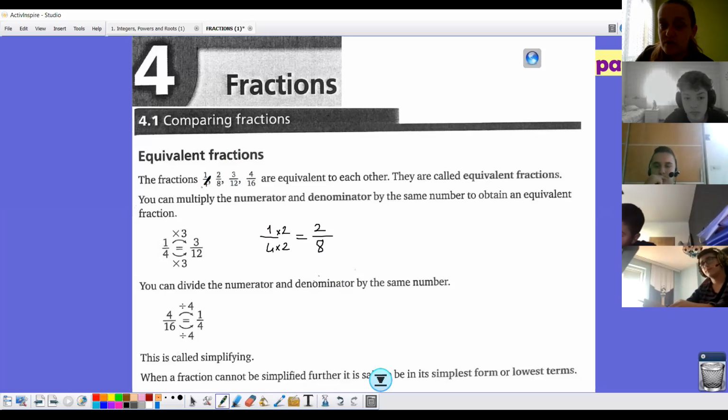So 1 over 4 becomes 2 over 8. Or if I multiply both by 3, it becomes 3 over 12.